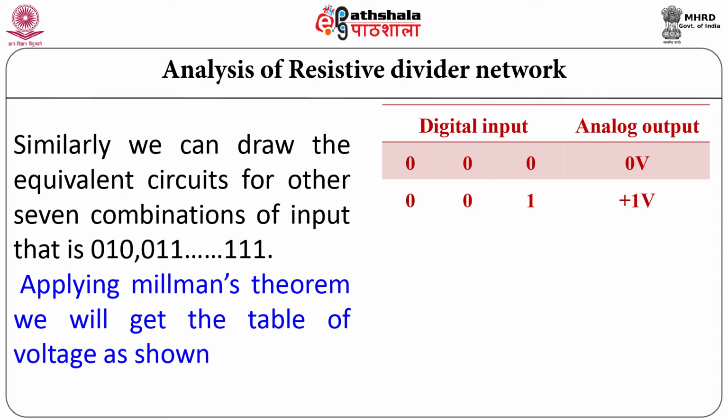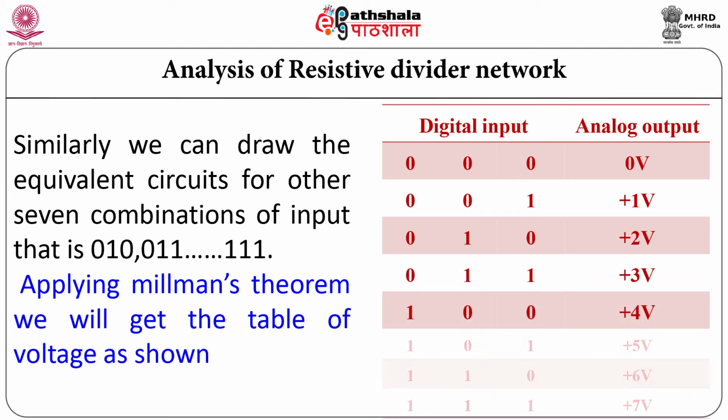We can draw the equivalent circuit for the other 7 combinations of the input, that is 0 1 0, 0 1 1 and so on up to 1 1 1. Applying Millman's theorem for these corresponding input combinations, we will get the table of voltages as shown.